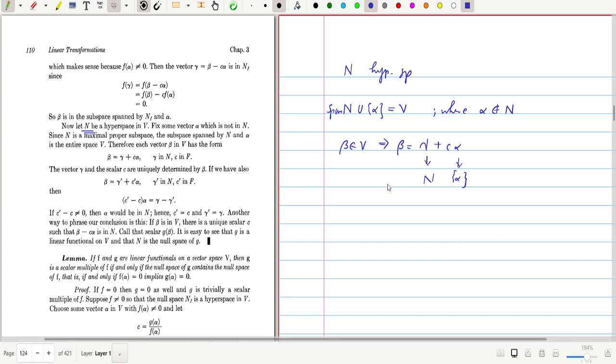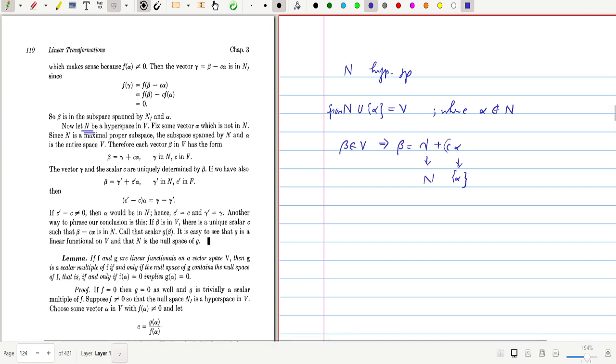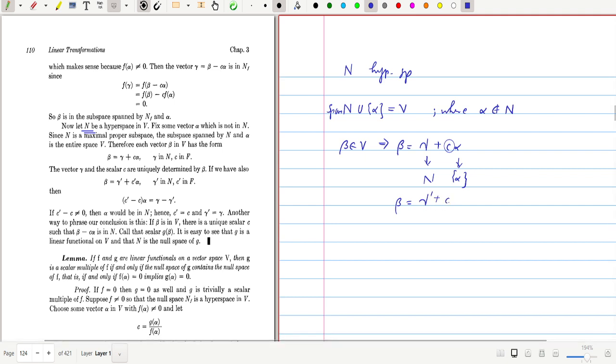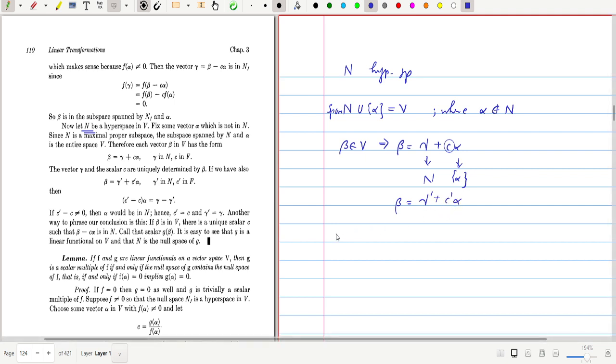Now every element beta can be written in this manner, and we'll show that this C is unique. If this beta has another expression like this, say gamma prime plus C prime alpha, then you can equate gamma plus C alpha with gamma prime plus C prime alpha.